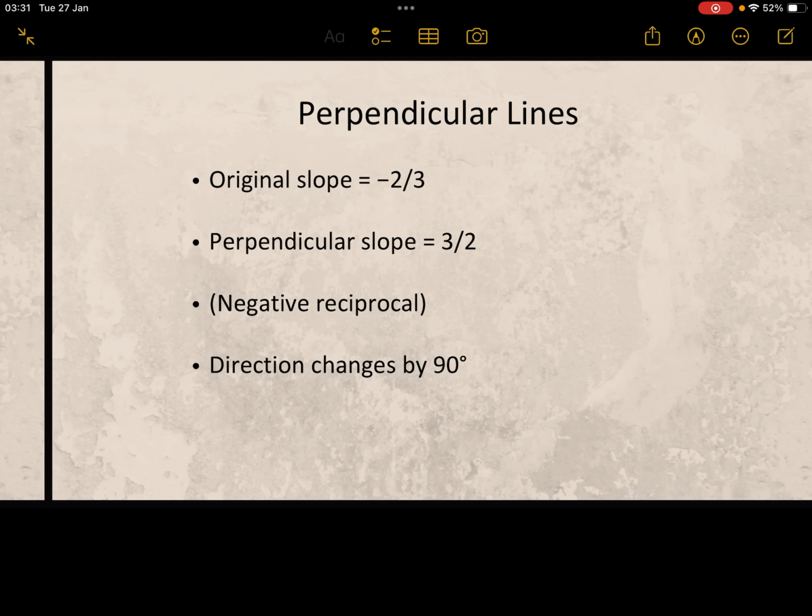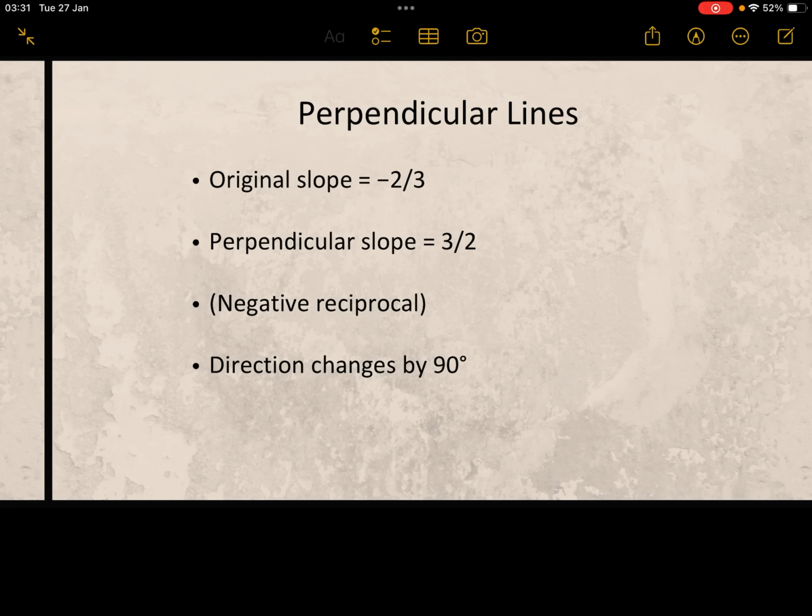Now let's discuss something more about perpendicular lines. If the original slope is minus 2 by 3 in our example, the perpendicular slope is its negative reciprocal, which is 3 by 2. The original slope is moving downwards and the perpendicular slope moves upwards, and all these things you can do only by visualization.